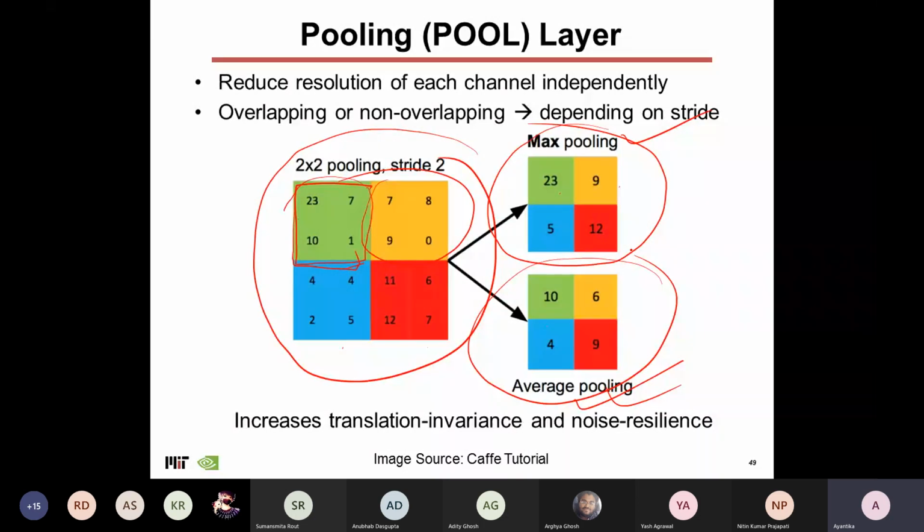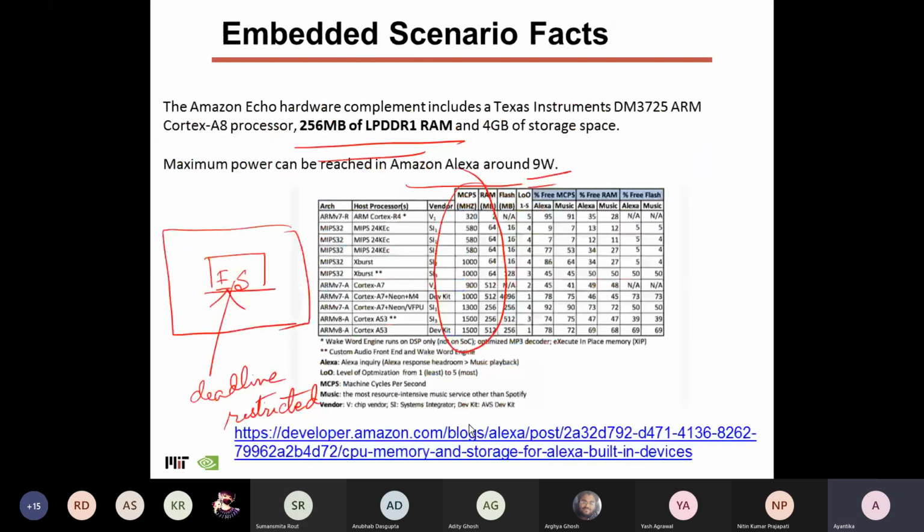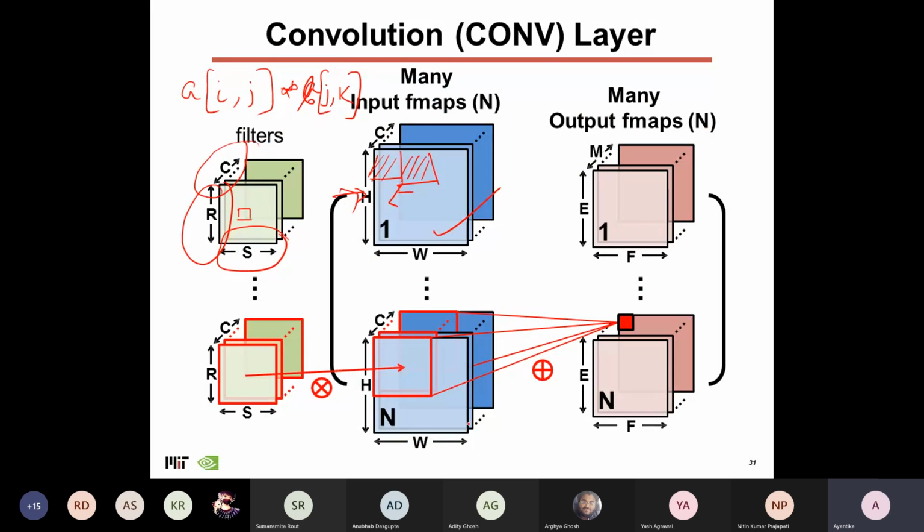But on top of that, what is the main purpose of doing pooling? You can see one term written here, that is called translation invariance. That means when you are applying this filter on this image, you are following the locality of what you have in your input feature map.